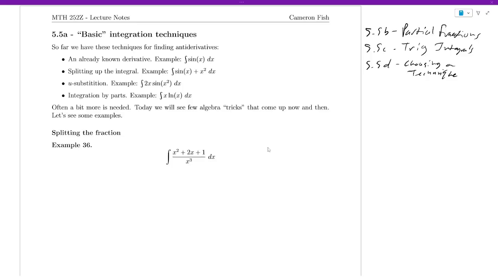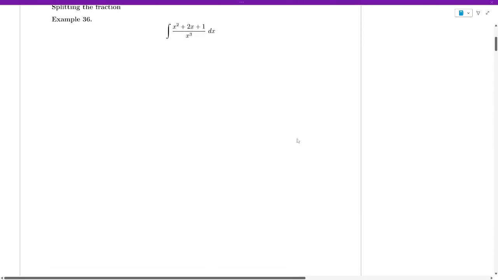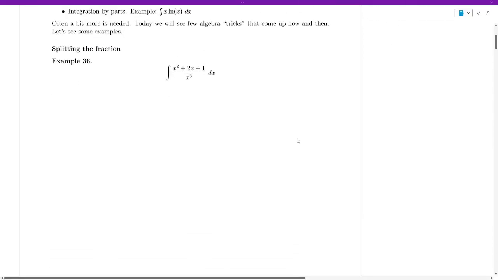So I'd say first of all, I'm calling this one splitting the fraction. Just remember, whenever you have an integral of a fraction here, it looks a little bit scary, but remember how fractions work. We can always split the numerator into a sum of things over the denominator, right?